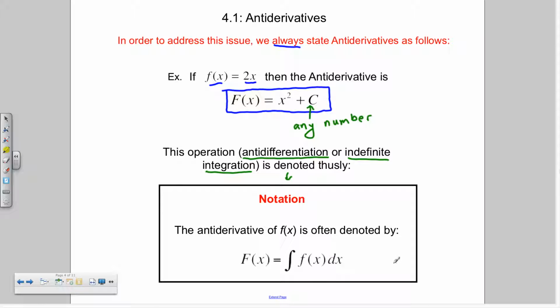As a matter of fact, I'm going to write that off to the side here. So this means antiderivative.